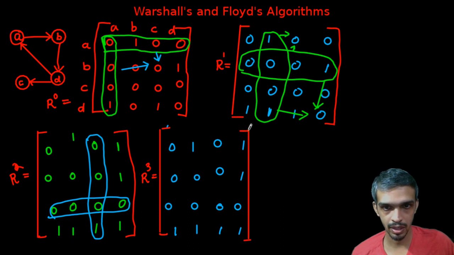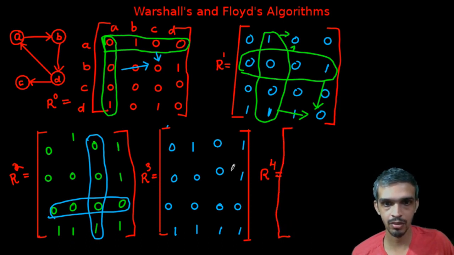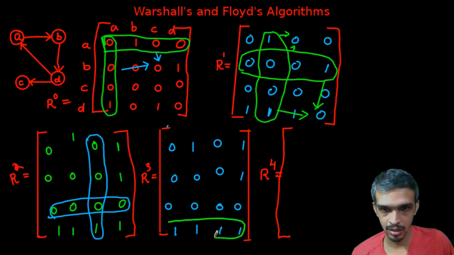Next we calculate R4, which is the last one. So for calculating R4 we will be selecting last row and last column.